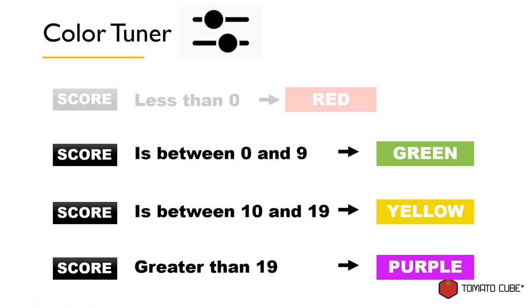Our second condition now says that if the score is between 0 and 9, then set it to green. So it's no longer just greater than 0, but it also needs to be between 0 and 9. So that means that the score has to be greater than or equals to 0, and at the same time, it must be less than or equals to 9. So how do we achieve two conditions in MakeCode Arcade?